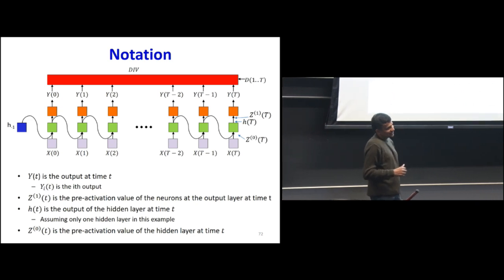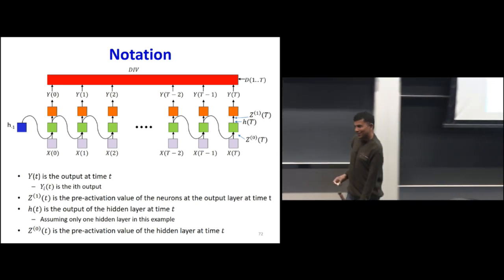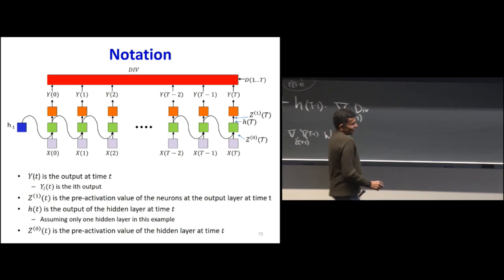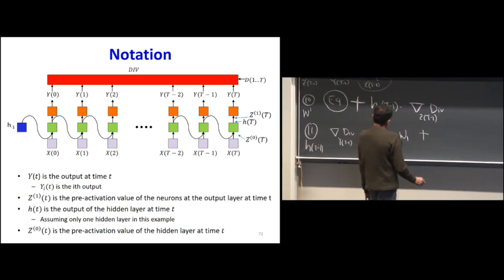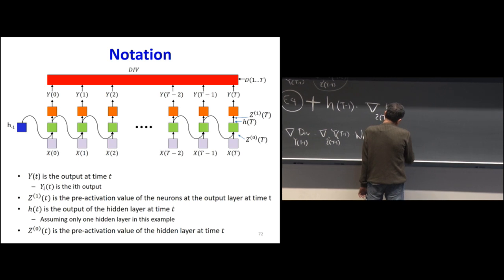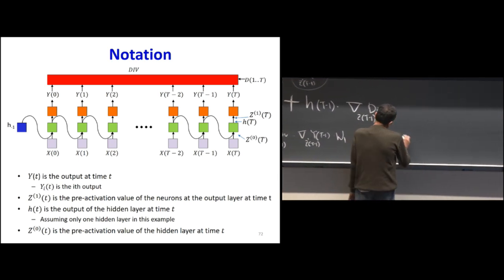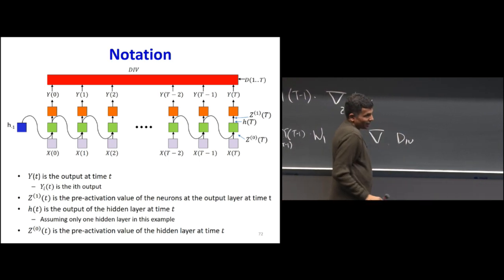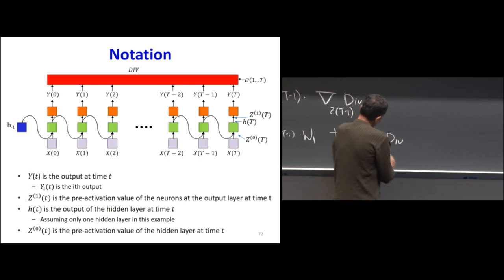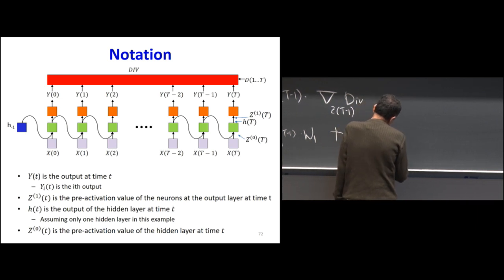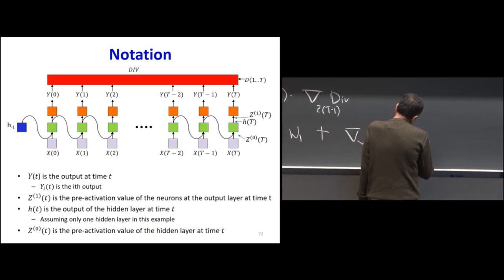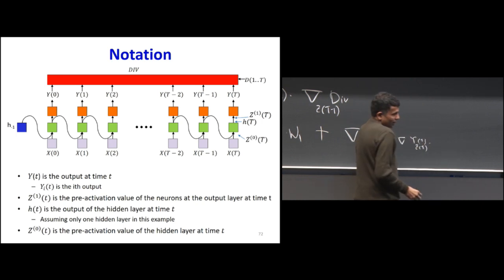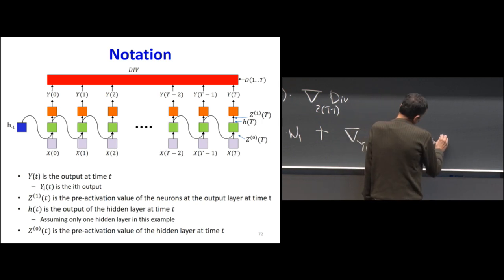So I can have the derivative of the divergence with respect to y of t, and then the derivative of y of t with respect to z1 of t, times w11.